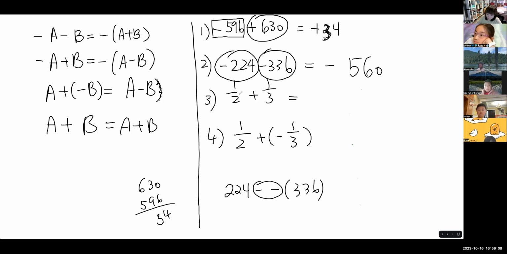Jordan, let me ask you. 1 over 2 plus 1 over 3 equals what? Is it 3 over 3? No. 1 over 2 plus 1 over 3 忘记怎么做啦？ I forgot. 5 over 6. Yeah, it must have the same denominator. So you have to do 2 times 3 and 1 times 3 plus 2 times 3 and 2 times 1. Get it? So when you times the bottom, you have to do the same thing on the top.